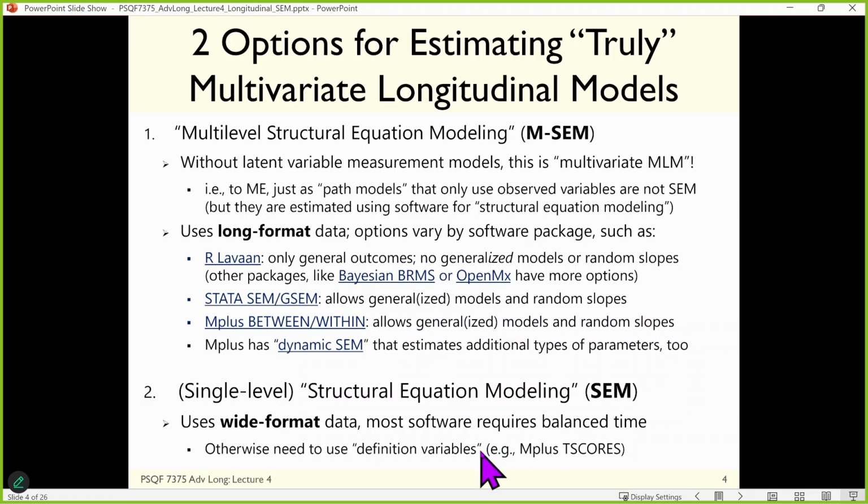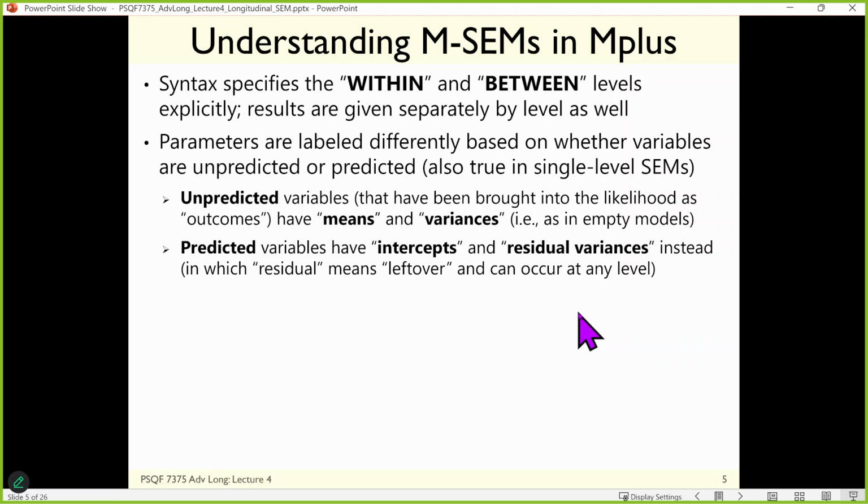If you have unbalanced time, then you need to make sure that the software you're using can understand that and implement the exact time observations within your data. T-scores is what does it in Mplus. There's something in OpenMx that does it as well, but I do not believe it's implemented in lavaan, and I don't think it's implemented in Stata gsem, but I have to check. I'll get back to you on that one once I get more into the documentation for that.